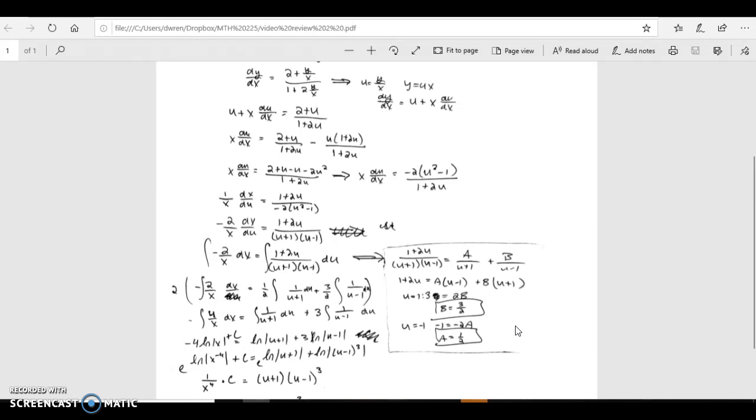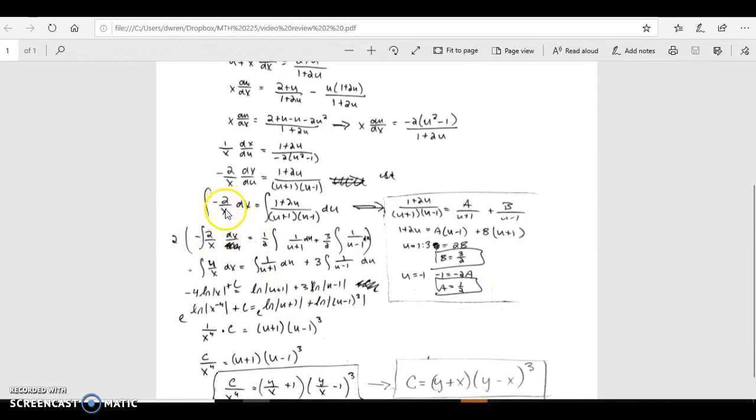That would be 1 plus 2 times minus 1, or 1 minus 2, which would equal minus 1, which equals a times minus 1 minus 1, which is minus 2. Dividing by minus 2, you get a equals 1/2, and now we can substitute back in and integrate.